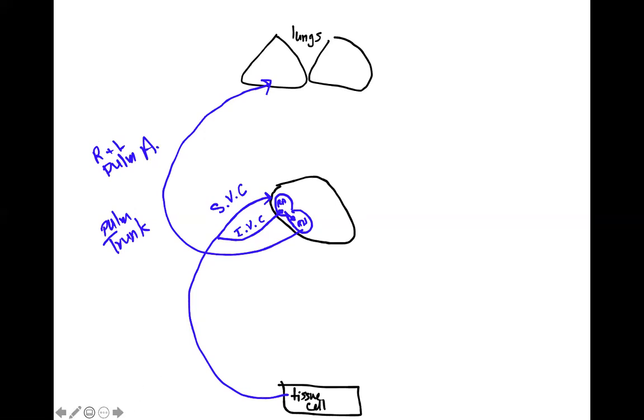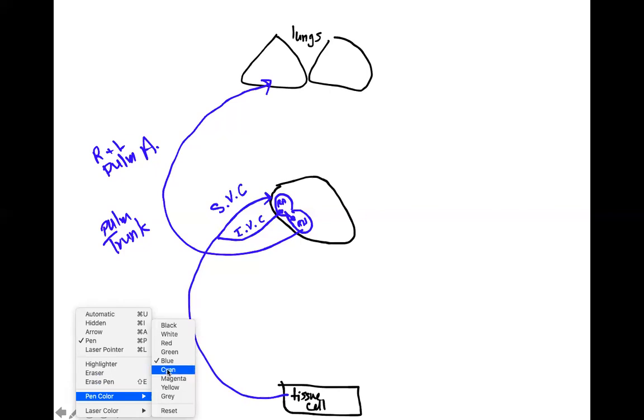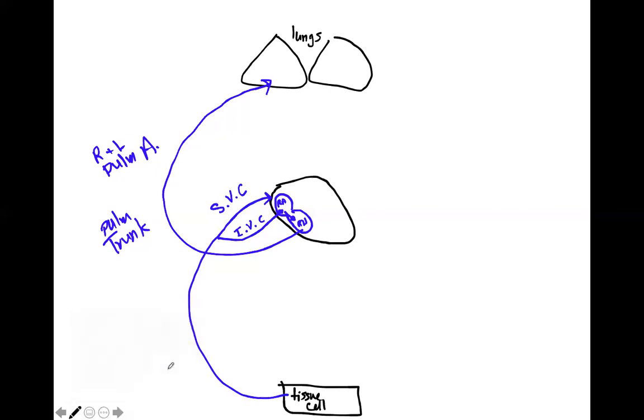Now, when we get to the lungs, what is exactly happening is that I'm going to have a gas exchange, right? So the carbon dioxide is gonna come off and go to my lungs. So CO2 is gonna come off of my blood and go to my lungs. And at the same time, I'm gonna pick up oxygen from my lungs and drop it into my blood vessels, or my capillaries.